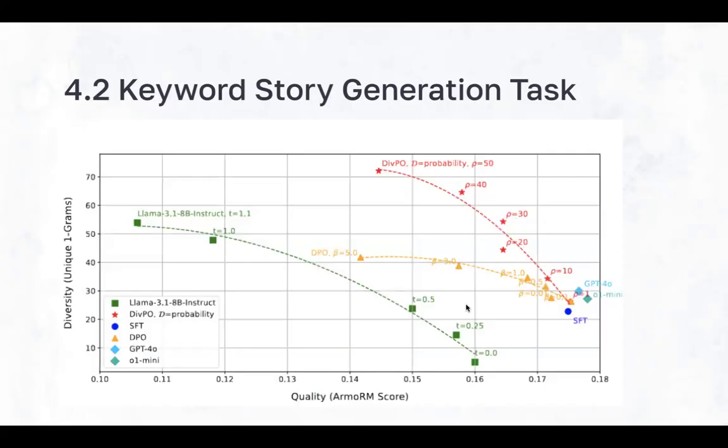And here you can see that the y-axis is diversity and the x-axis is quality.